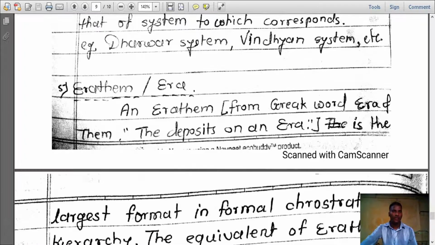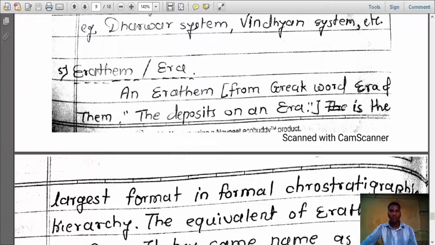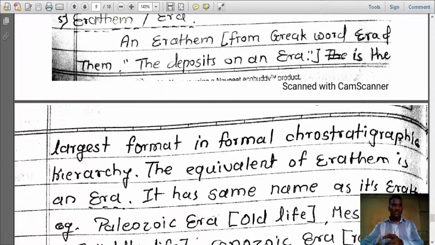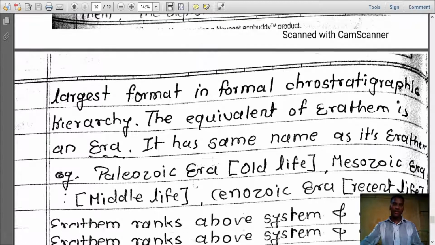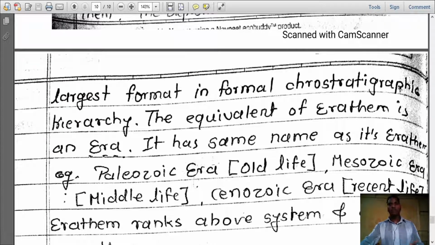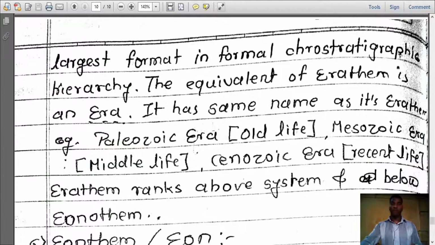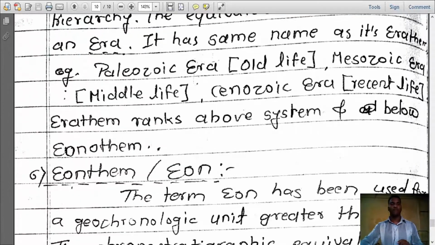Erathem, from the Greek words era and thema, the deposits of an era. Erathem is the largest formal unit in the formal chronostratigraphic hierarchy. The equivalent of erathem is era. It has the same name as its erathem. Example, Paleozoic era, old life; Mesozoic era, middle life; Cenozoic era, recent life. Erathem ranks above system and below eonothem.